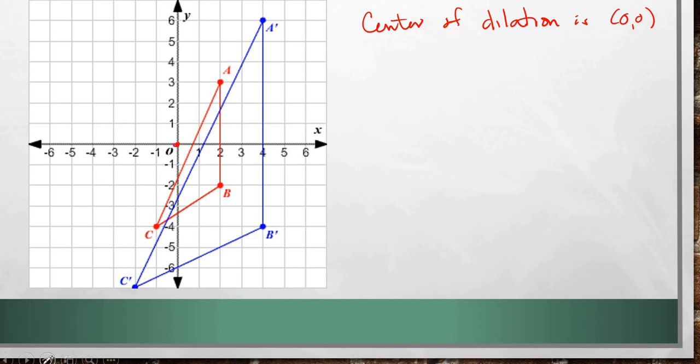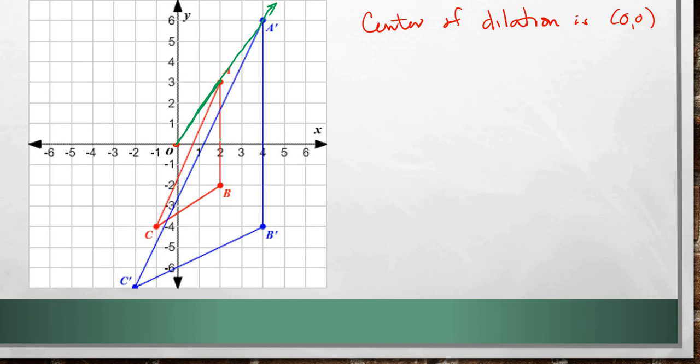So if I know that everything is going from the origin, and if I have OA and then I have OA prime, you notice they're on the same line.